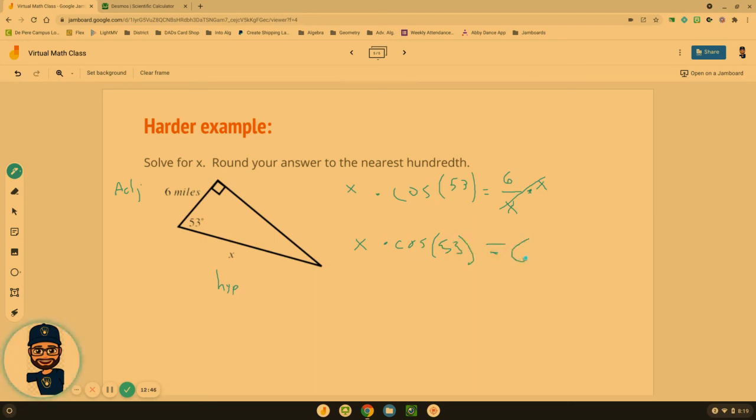Remember that the cosine of 53 is really some decimal. It's a number, and if I have a number with a variable, how do I get rid of that number? We divide by it. So we really are calculating 6 divided by the cosine of 53.